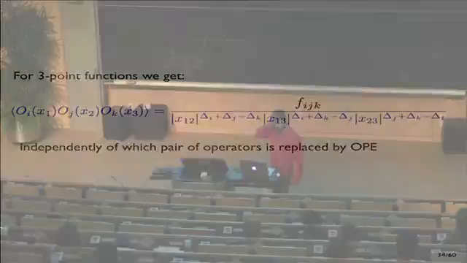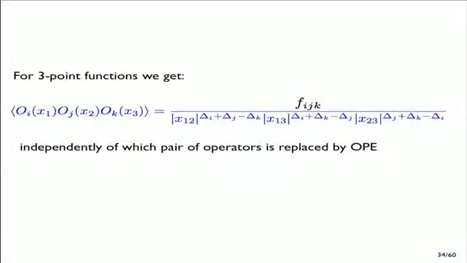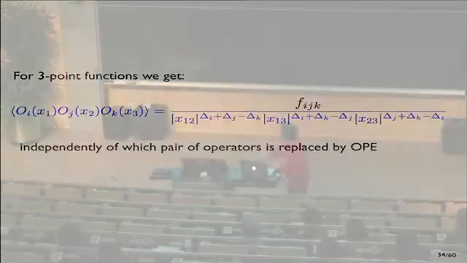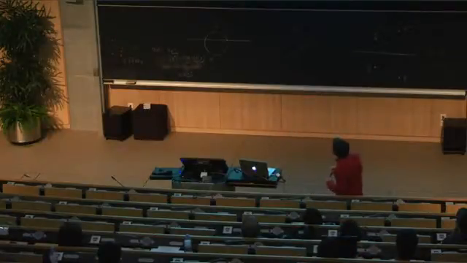So back to the OPE. One trivial fact is that if you take the 3-point function and you try to compute it by the OPE, so you try to reduce it to the 2-point functions by using the OPE, you can do it in 3 possible ways.